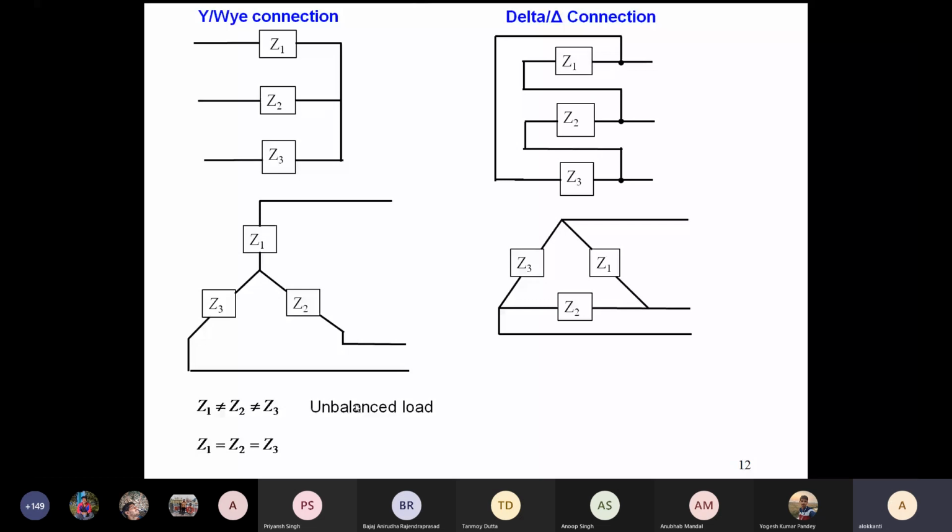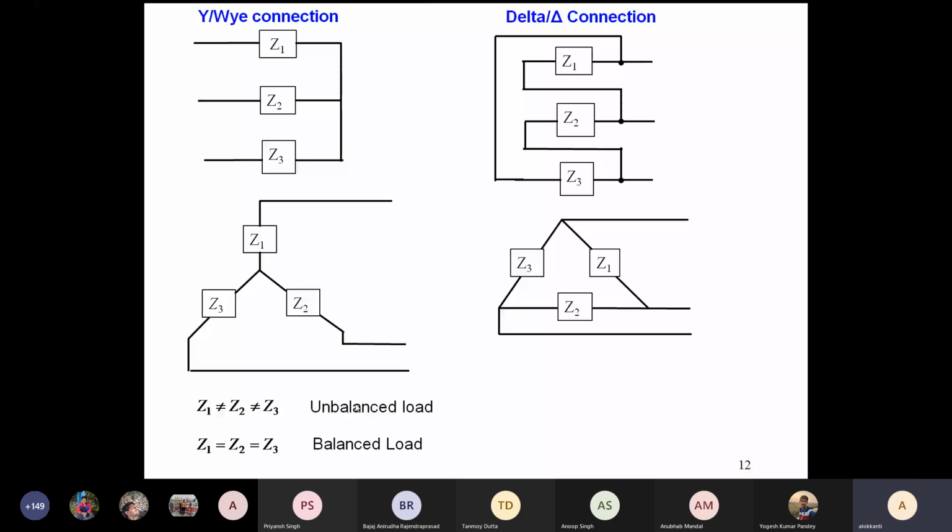And if they are all equal in all respects, that is, the real parts are matching and the imaginary parts are matching, it is known as the balanced load. As I have told you in several examples, suppose in your hostel there are three wings. When you come back to your hostel, you will find that there are several wings, maybe 4 or 5.